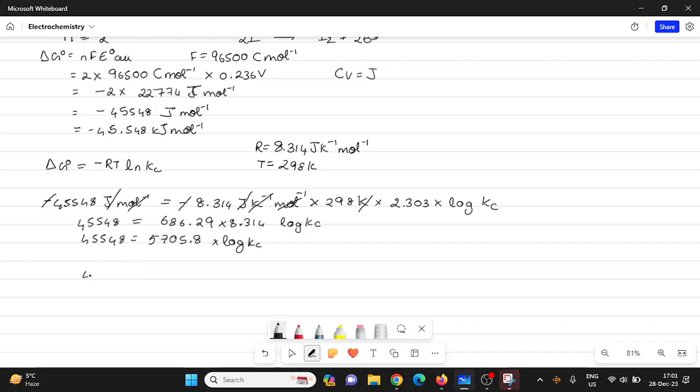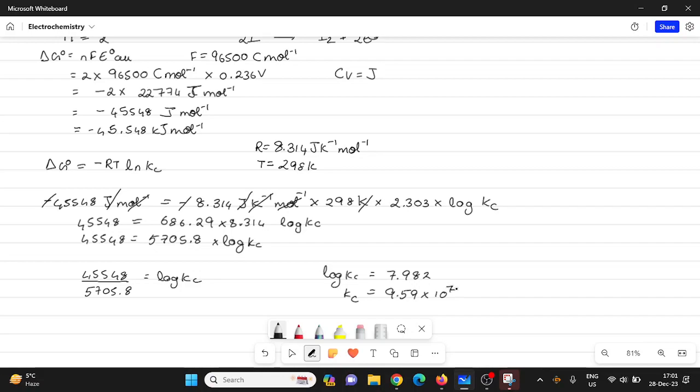Then we divide 45548 by 5705.8, which equals log Kc. So we get log Kc equals 7.982. When we take the anti-log on both sides, the value of Kc equals 9.59 into 10 to the power 7.